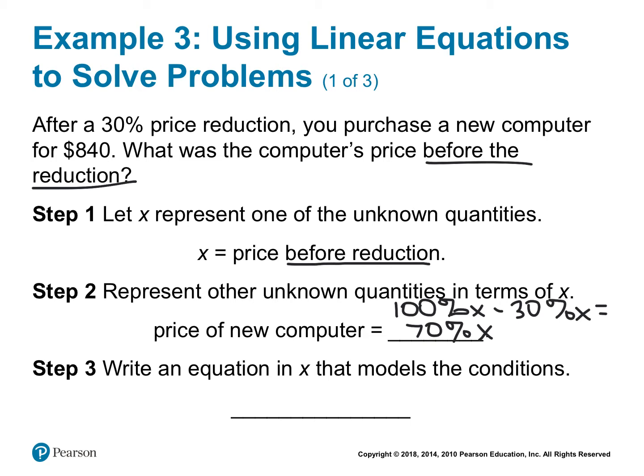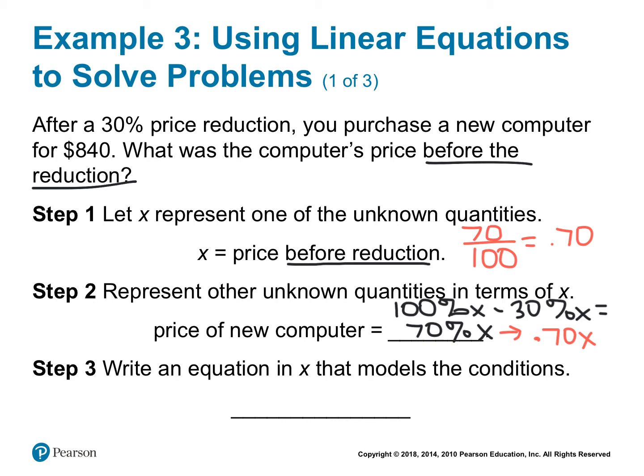So if you think of a percent, 70% is out of 100. So 70 out of a possible 100. If you divide that, you get 0.70. So this is the same as 0.70x. So the price of the new computer is 70% of the original price, 70% of the price before the reduction.